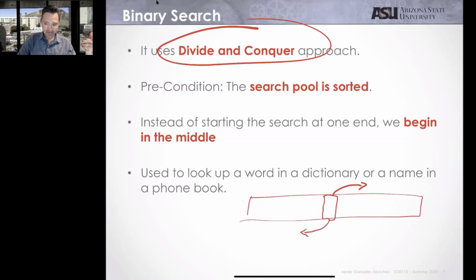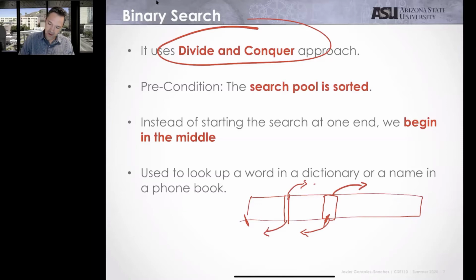Then you apply the same rule again. You go to the middle and check: is it here in the first half of that half, or is it going to be in the other one?